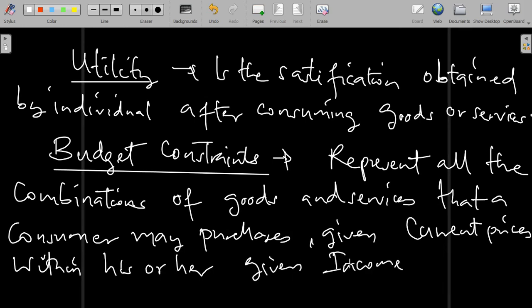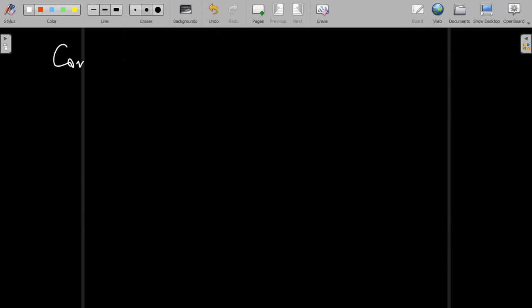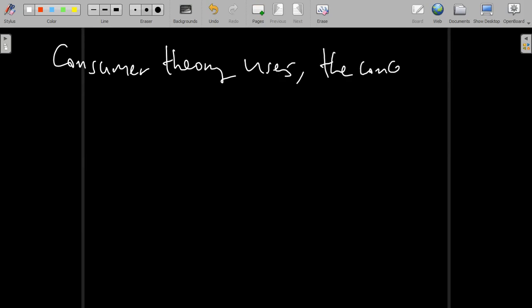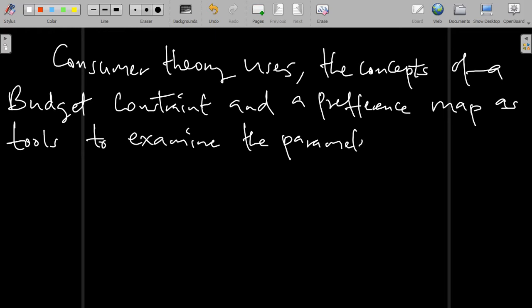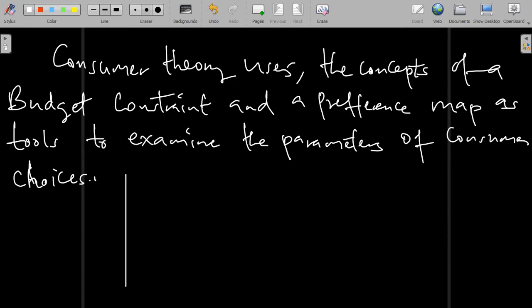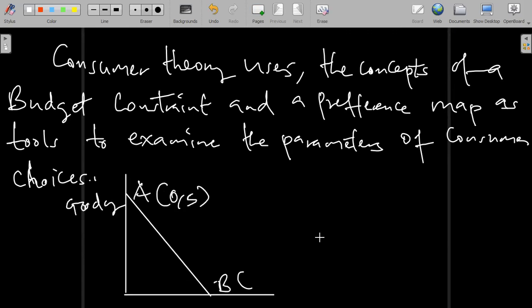Under this, consumer theory uses the concepts of budget constraints and a preference map as a tool to examine the parameters of consumer choices. For example, let's sketch the following graph. On the left-hand side we have good y, and we have good x.